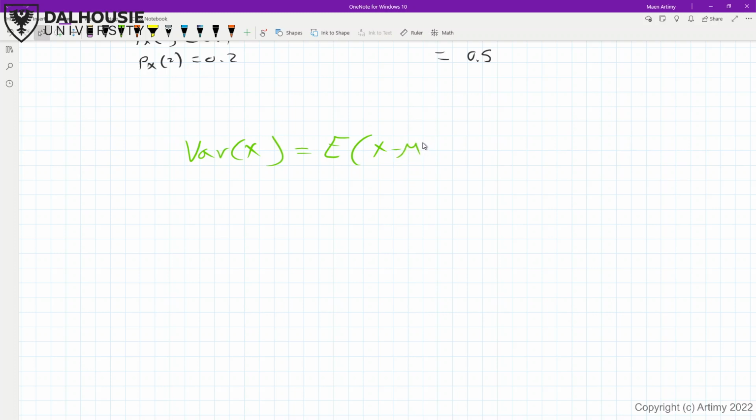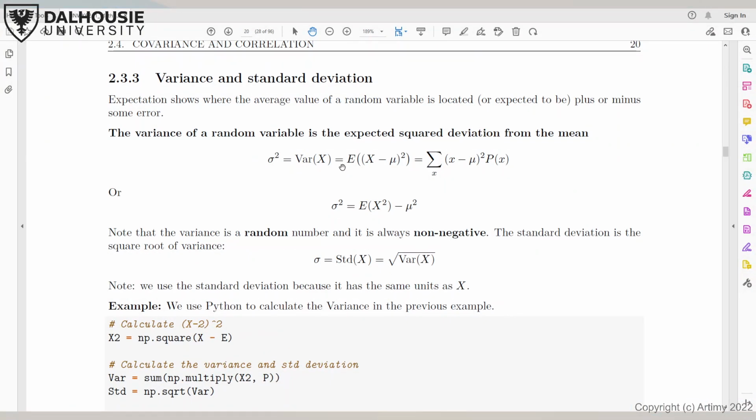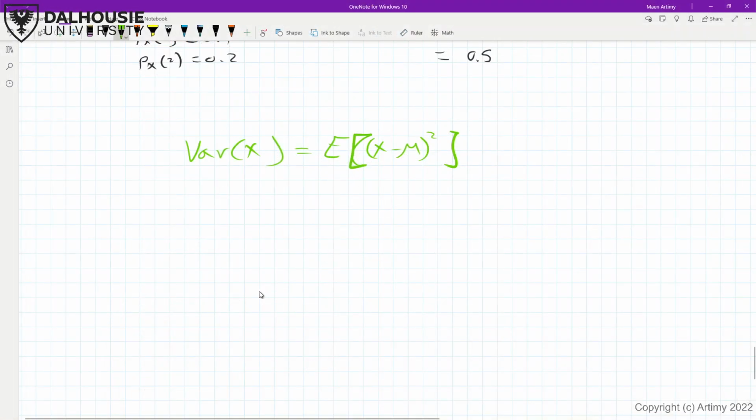Mu is the expectation, square, right? So that's what we're talking about here. And since it's an expectation, you substitute X for this part: the sum of (x minus mu) squared times p(x).